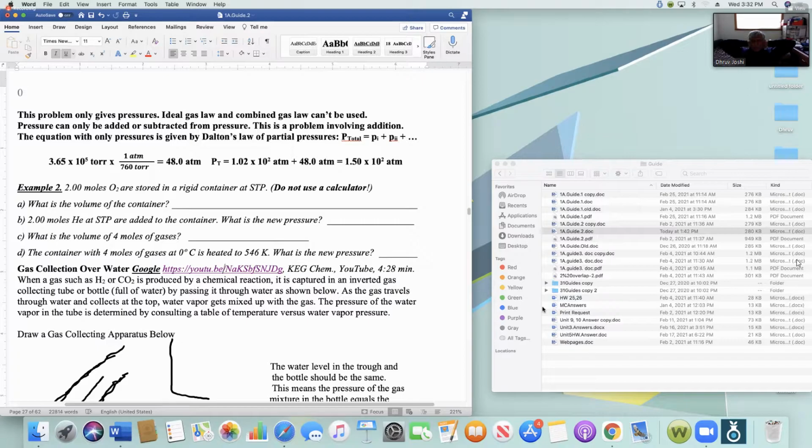Which one is the most powerful gas law? The ideal gas law is more powerful. Yeah, you can derive all the laws from the ideal gas law, really. Okay, great.